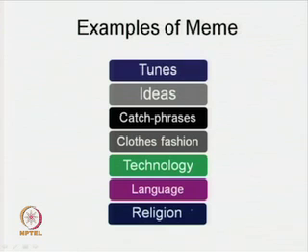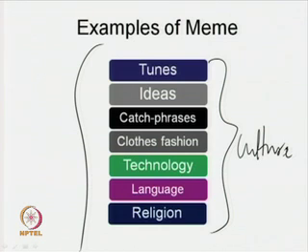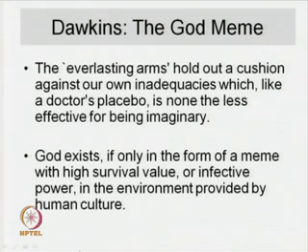Examples of mimes, he explicates, are tunes from music, ideas, catchphrases, clothes, fashion, technology, even language, and even religion, because all these have to do with culture or way of life. Show me any one of these that is not part of our cultural forms and practices.